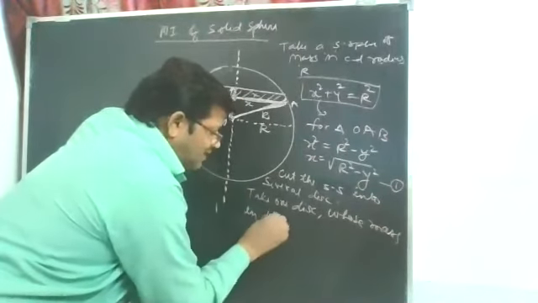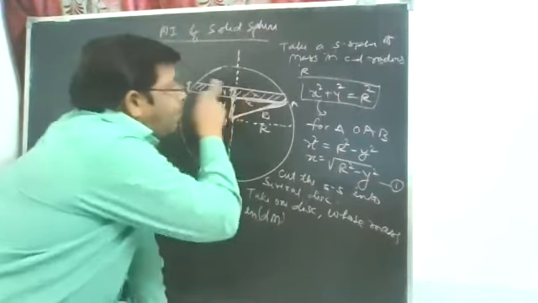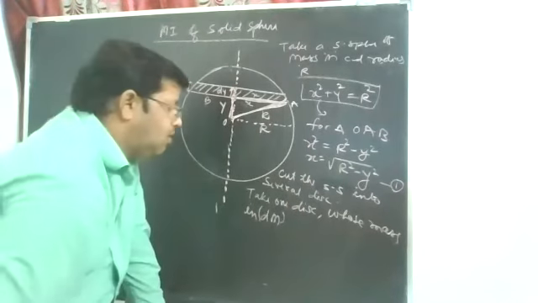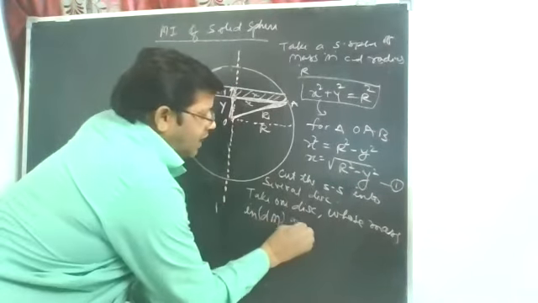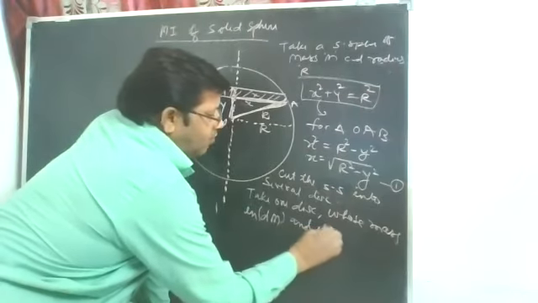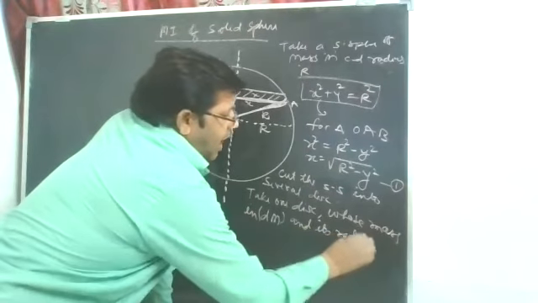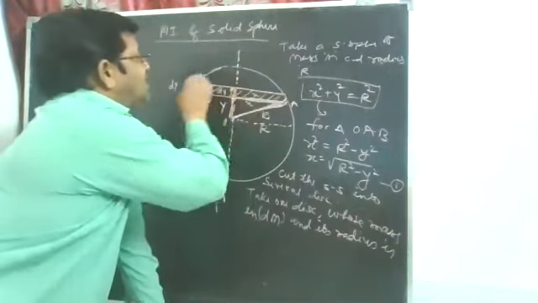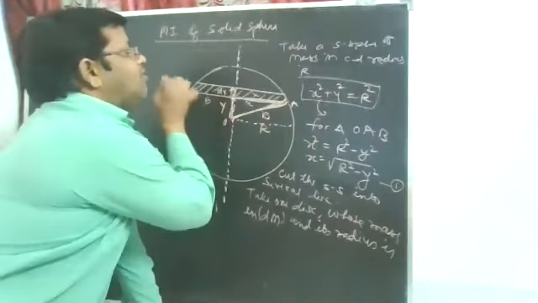The total mass is m, so the mass of a very small portion of this solid sphere is dm. And what is the radius of the disc? The radius is x, because this is the axis and we rotate like this.